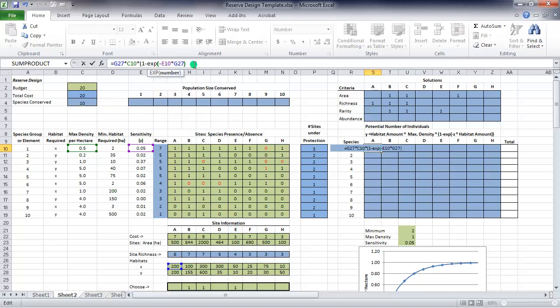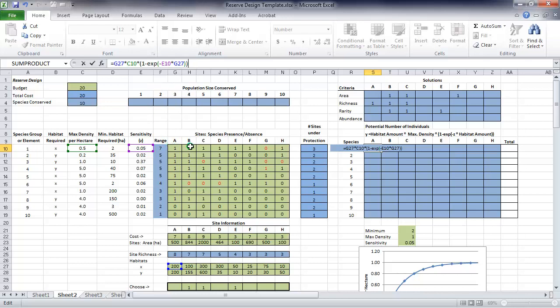And we'll close the parentheses and close the parentheses again. This will give us the number of individuals we expect at Site A for species 1 given its characteristics.